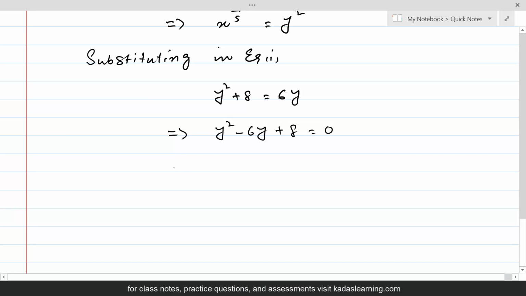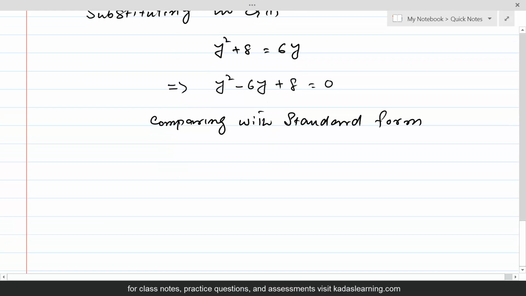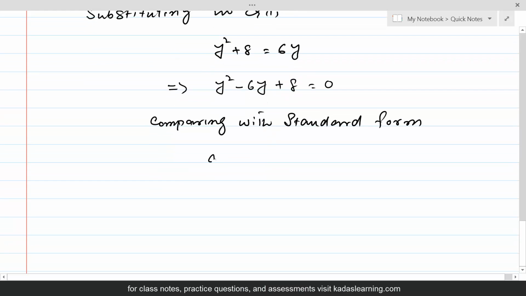So comparing with standard form, here we have a equal to 1, b equal to minus 6, and c equal to plus 8.